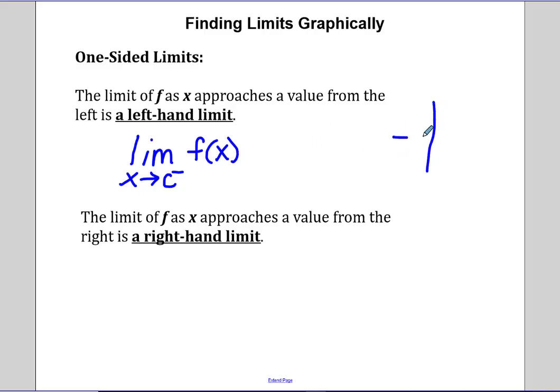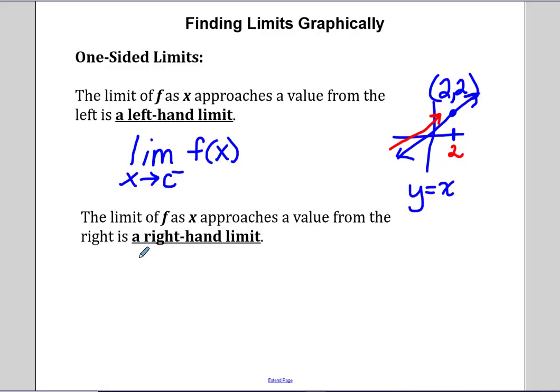So if I have a graph, let's just say y equals x, and I want to look at the limit as x approaches 2 from the left. I'm reading the graph from the left up to the target value of 2.